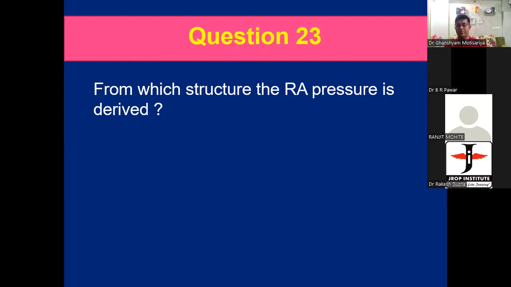Which structure shall I examine? Continuous wave Doppler at the tricuspid valve? No. I'm not asking about the Doppler. I am asking which cardiac structure shall I examine to find the RA pressure?